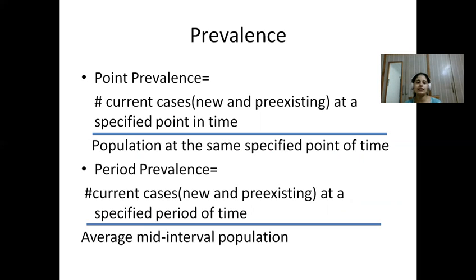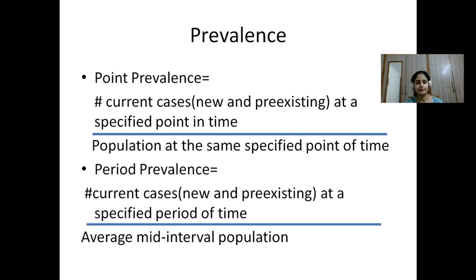Point prevalence is the current cases, that is new and pre-existing at a specified point in time, divided by population at the same specified point of time. Whereas period prevalence is the current cases, new and pre-existing at a specified period of time and divided by the average mid-interval population.